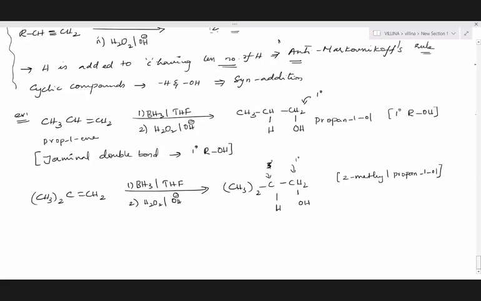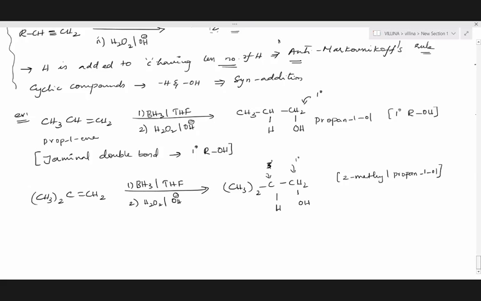And the OH group will be added to the terminal carbon. So we have propene, and we end up with propan-1-ol.